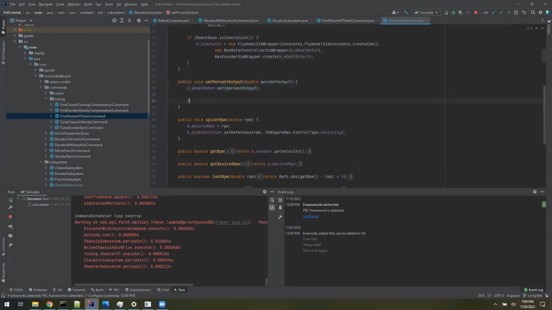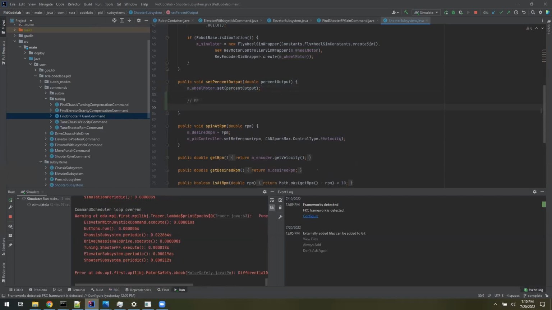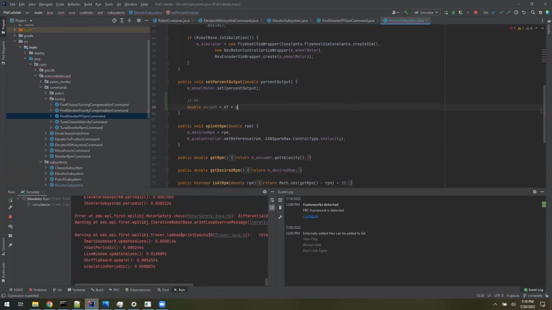Give you a hint. Made it not so obvious. But so when I give it a 1, when my output is 1, it is going 4,700 RPM. So how could I calculate kFF?